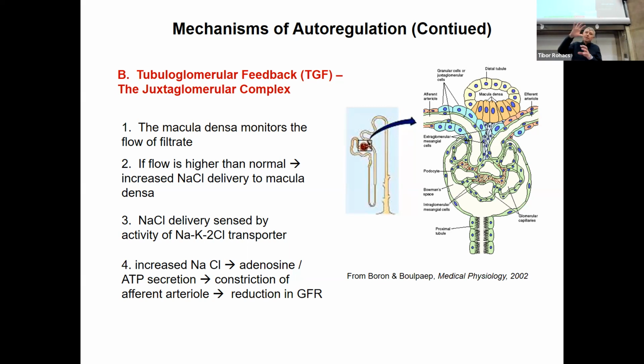So the previous mechanism happens generally, but this one is individualized to each and every nephron. The idea behind it is that biology is variable. Sometimes weird things happen.